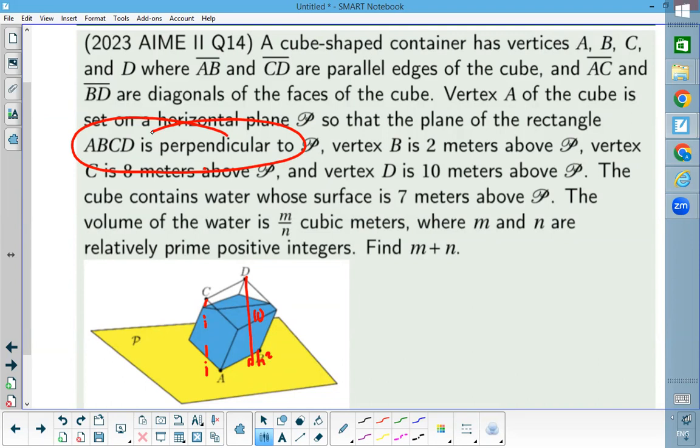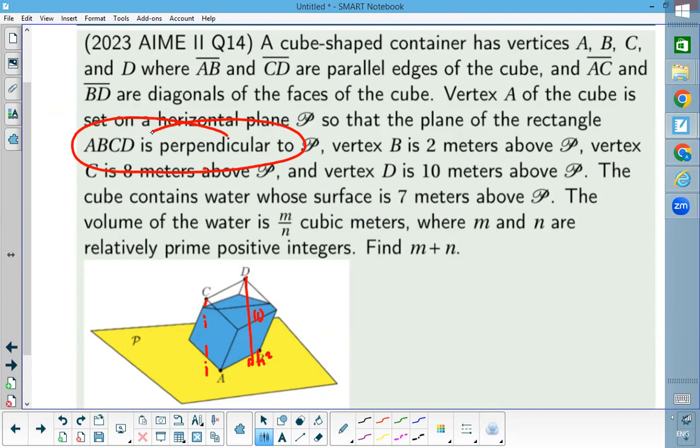Whenever we have a 3D geometry problem, what should we do? This is a very important technique, not just for the AMC. I've actually seen several AMC problems, usually one of the later problems, like number 23, 24 on AMC 12. What do we do whenever we have a 3D geometry problem?